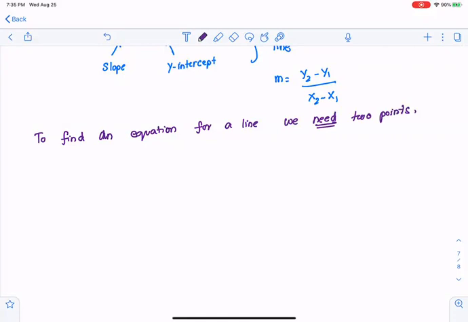It is a need, not a want. We need 2 points. We cannot define a line with a single point. You need 2 points to define a line.